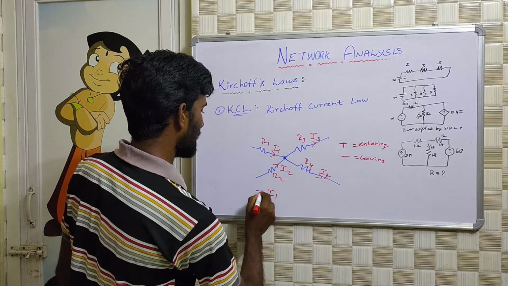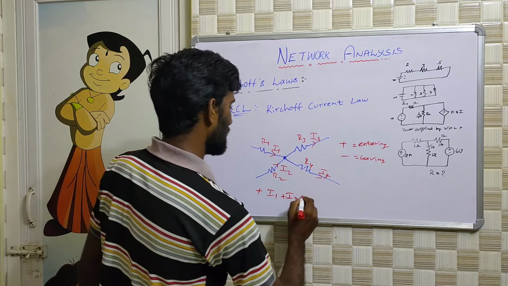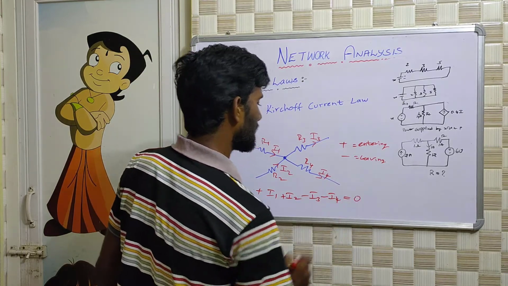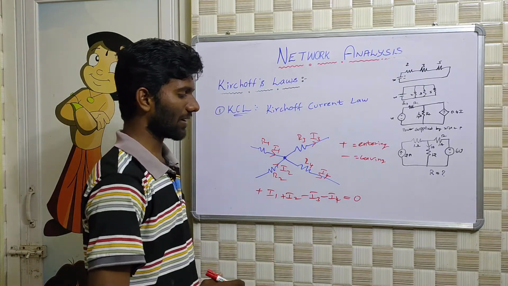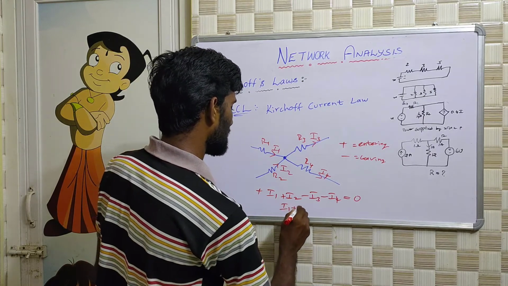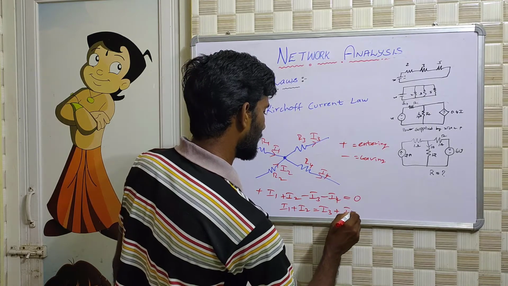So, entering currents as positive, leaving currents as negative: plus I1, plus I2, minus I3, minus I4 is equal to 0. The sum of entering and leaving currents will equal 0, which gives I1 plus I2 is equal to I3 plus I4.